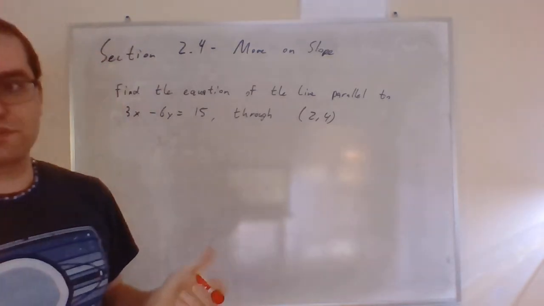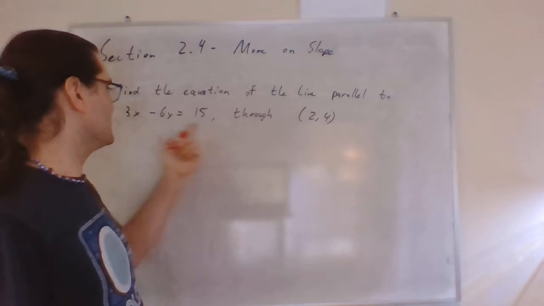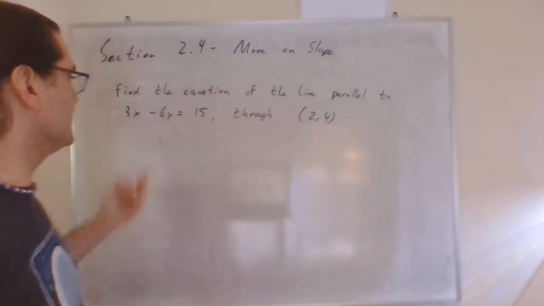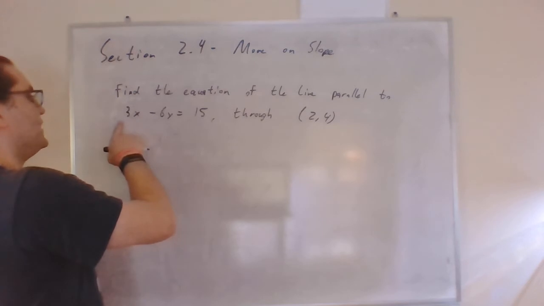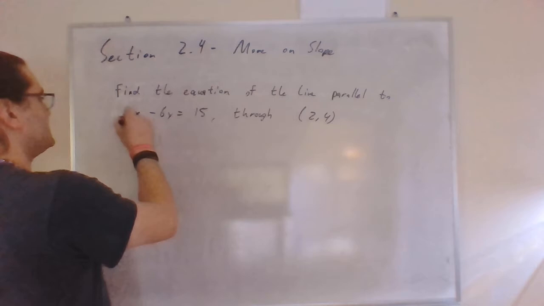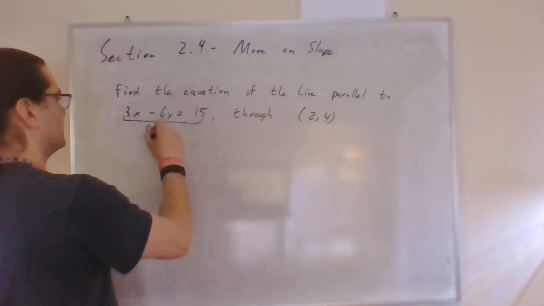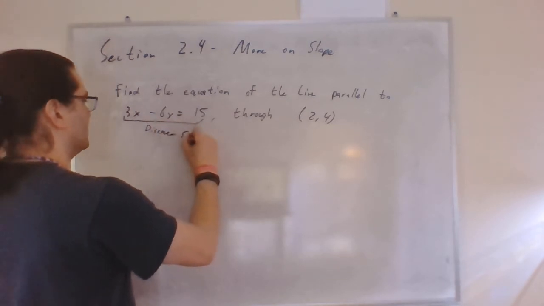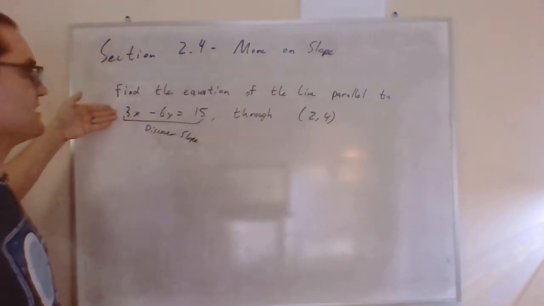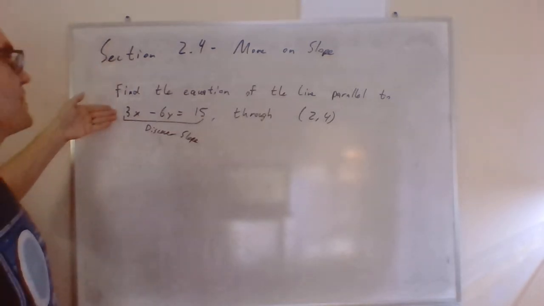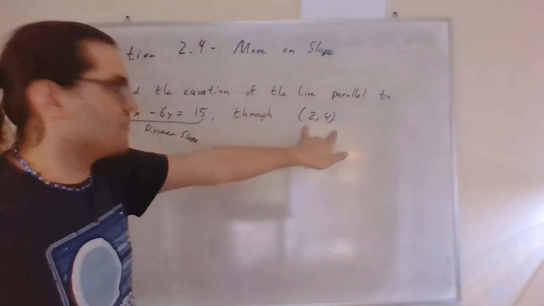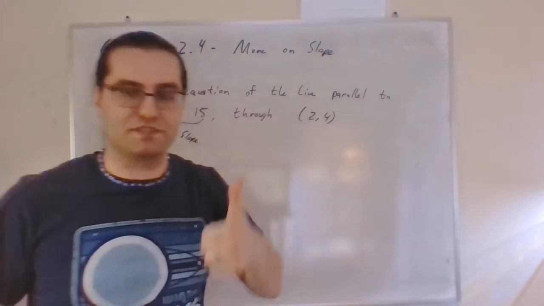All we know about the slope right now is that it's parallel to this thing. So what we need to do is find out what the slope of this is. And then if we know the slope of this thing, we can use the parallelism to know the slope of the new line, and then we'll be all set.